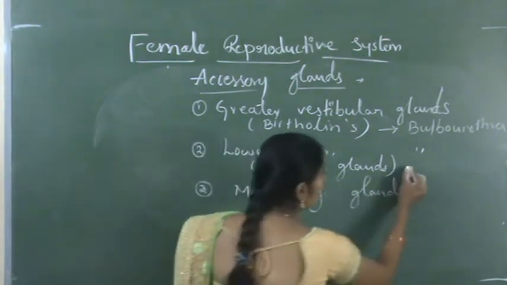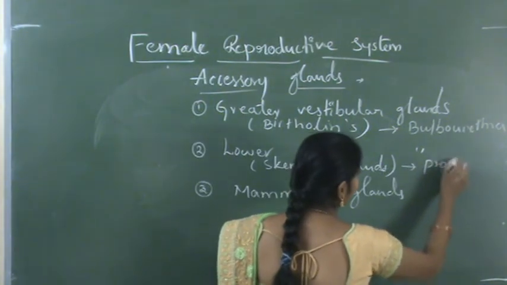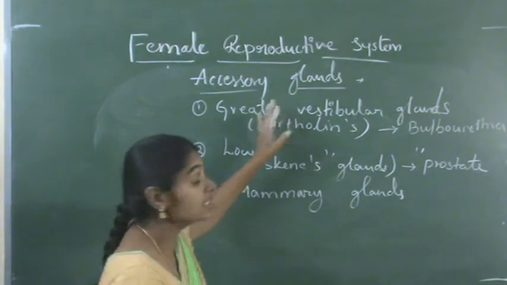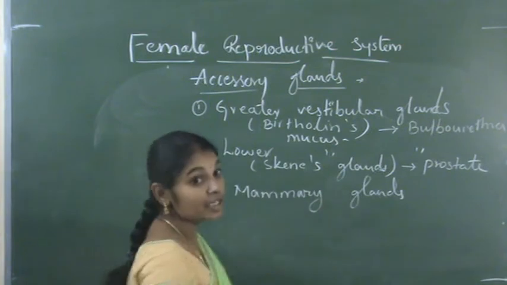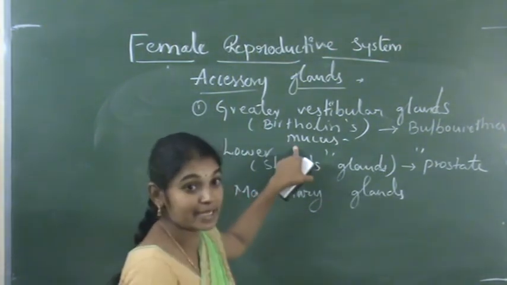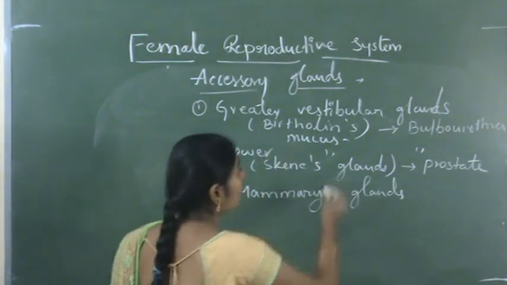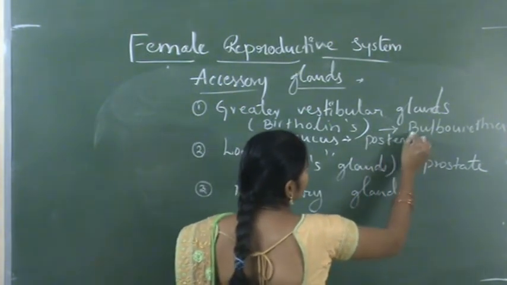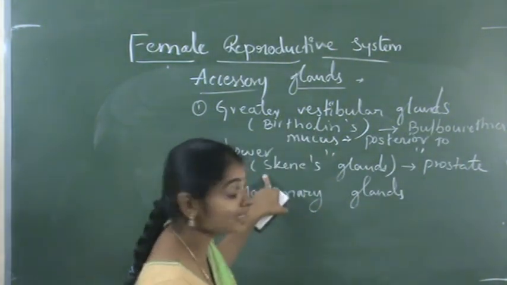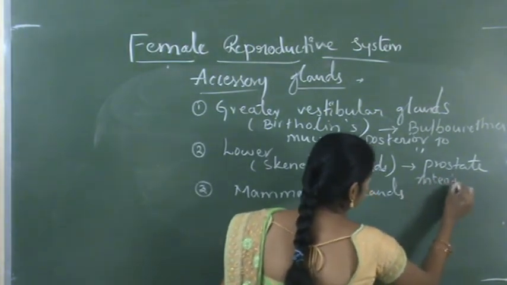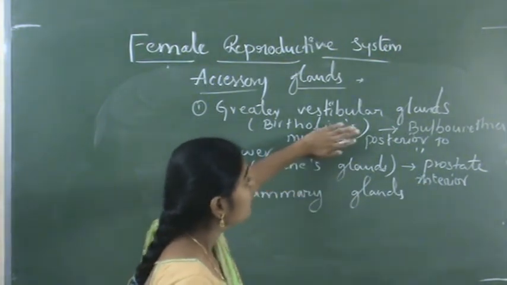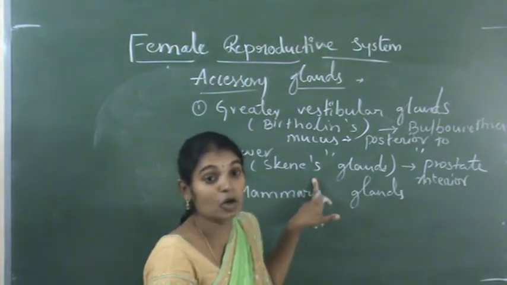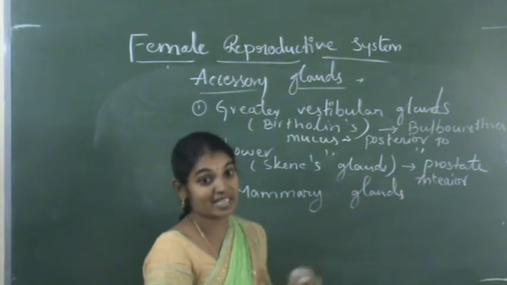The greater vestibular glands secrete a mucus-like fluid into the vagina, keeping it moist. They are located posterior to the vagina, or posterior to the vaginal orifice, while Skene's glands are located anterior to the vaginal orifice.